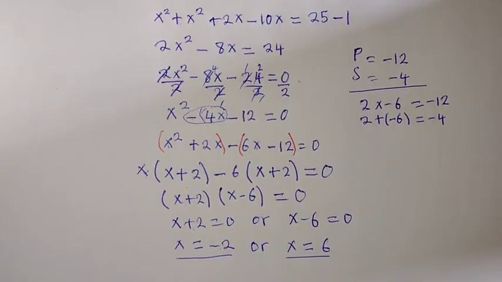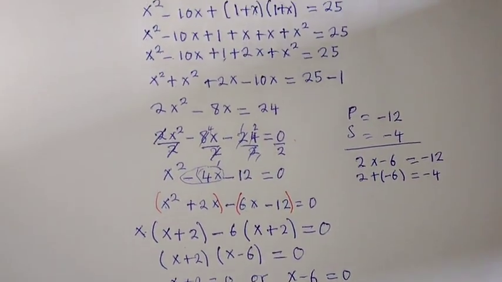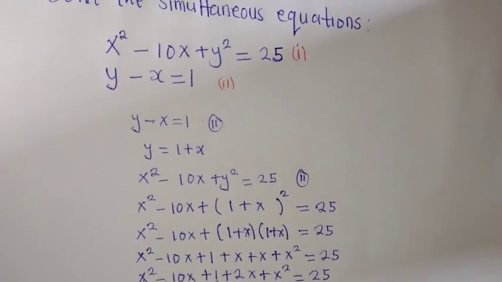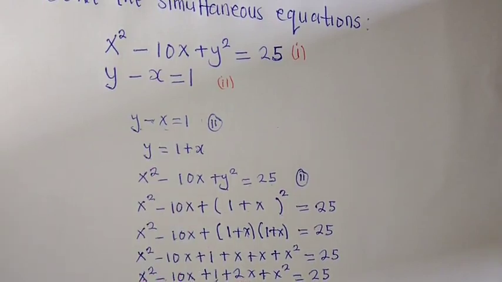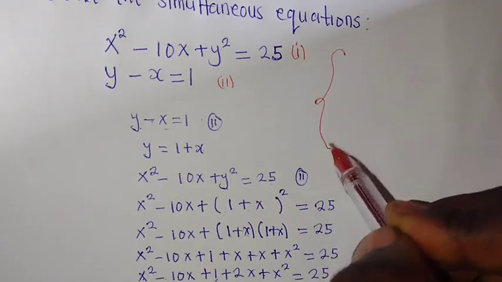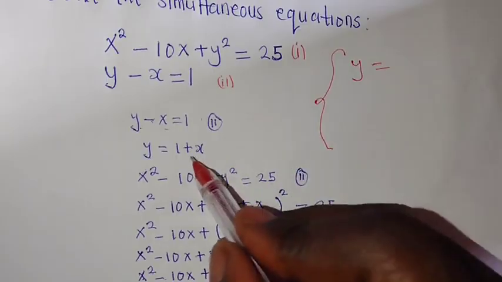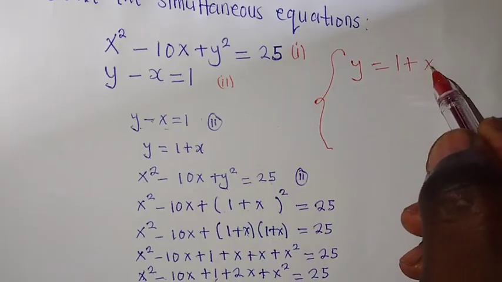Since we have found the value of x, which is x is equal to negative 2 or x is equal to 6, we can now find the value of y. To find the value of y, since we made y the subject of the formula on this stage, if you remember, we are going to use this same one where we have said y is equal to 1 plus x.